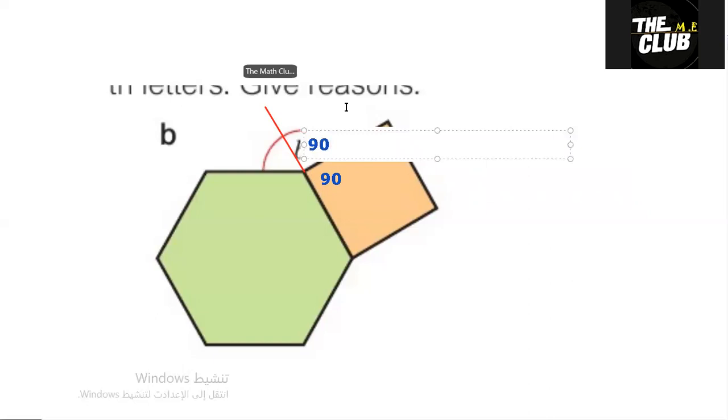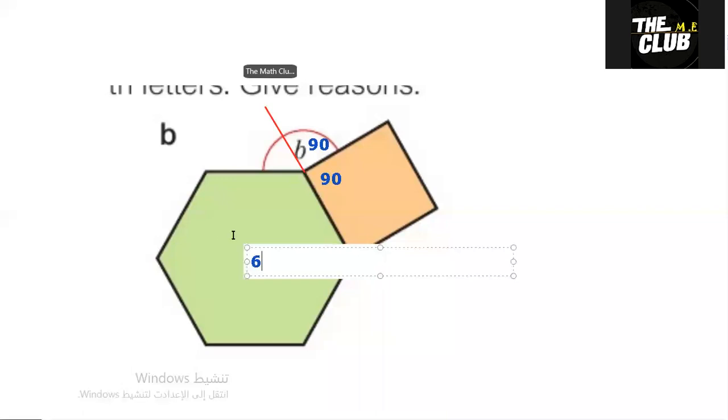Very good. Now, we're going to finish the other part by finding the exterior angle of the hexagon. The first information that we know about a hexagon is that it has 6 angles. So I'm going to use this fact to find the exterior angle of the hexagon.